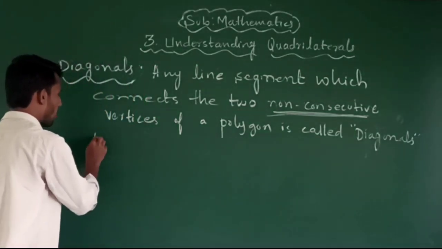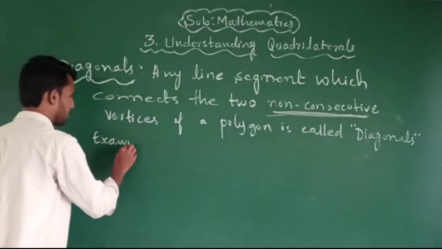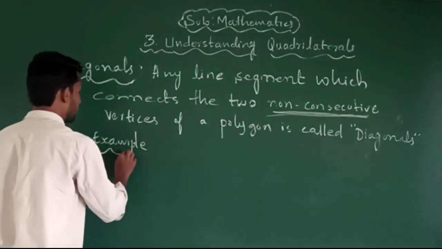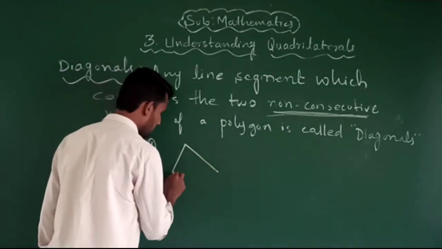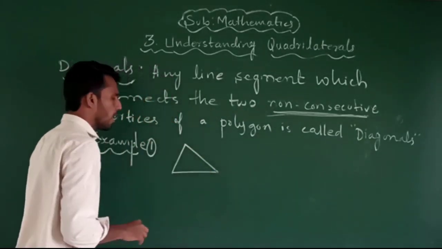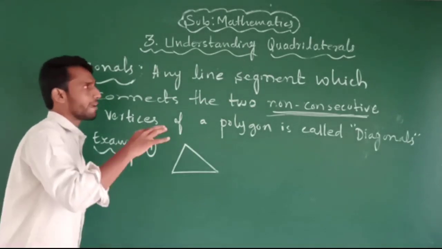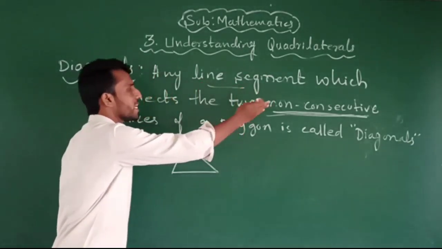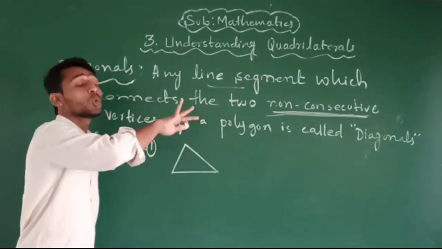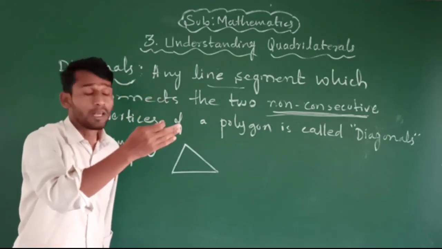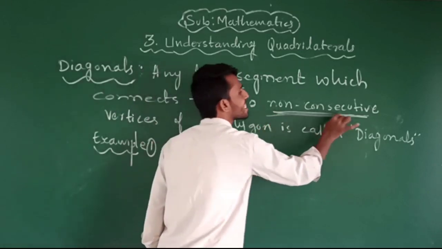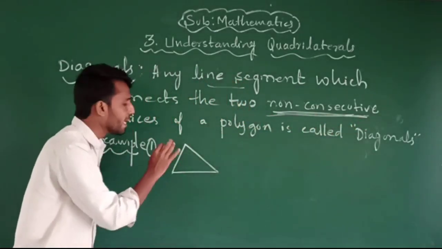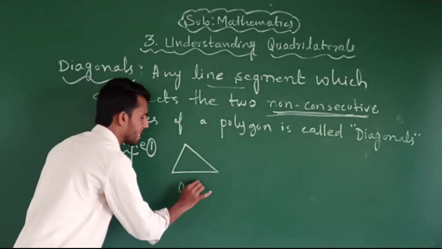I am taking here examples. Here, first one, see, triangle. Here, when you draw a line segment which connects two non-consecutive vertices, in this triangle we are not getting any non-consecutive vertices. So here, diagonals is 0.